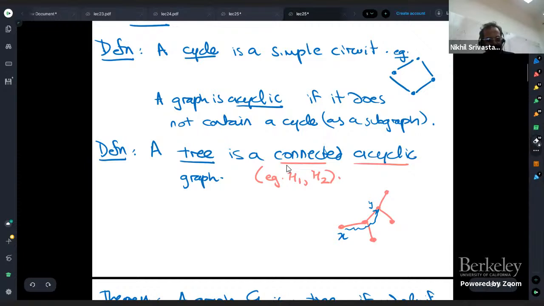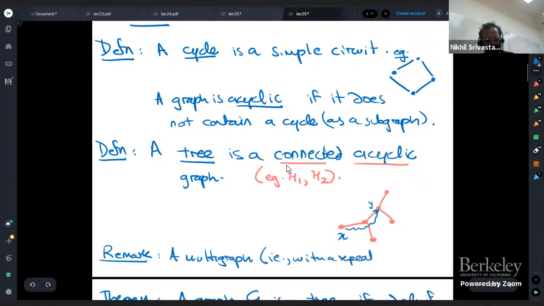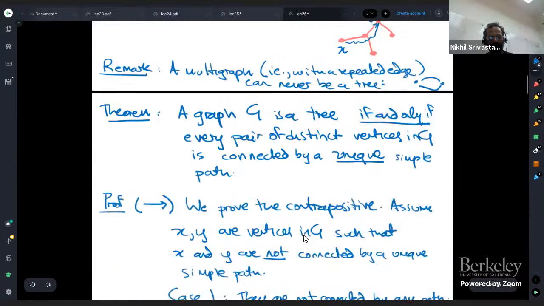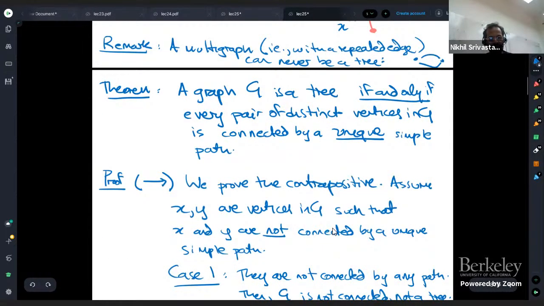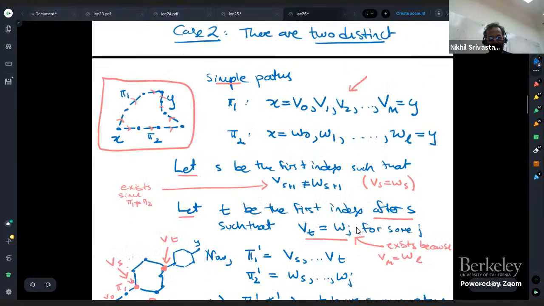So a multigraph, a non-simple graph with a repeated edge, can never be a tree. Why? Well, because it contains a simple cycle. The repeated edge is in itself a simple cycle. Okay, good points. Any more comments on this?